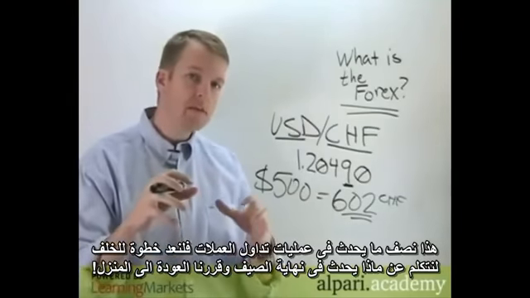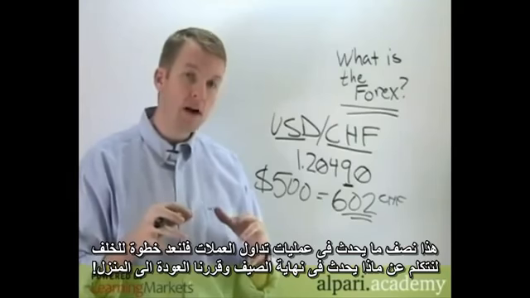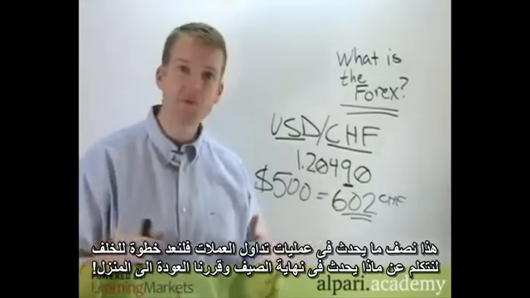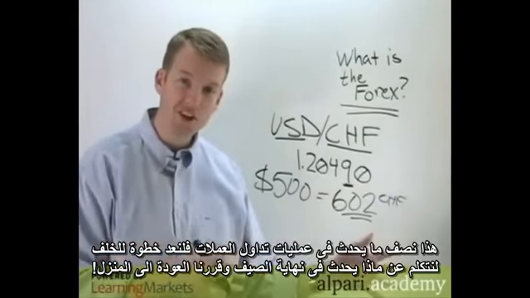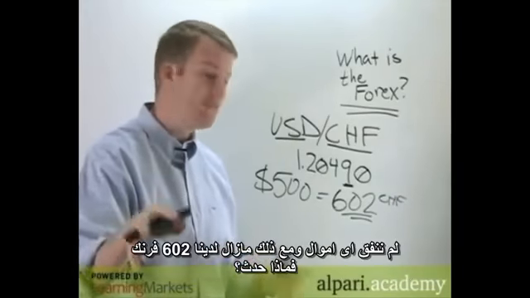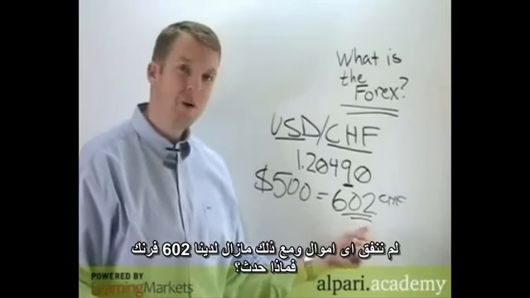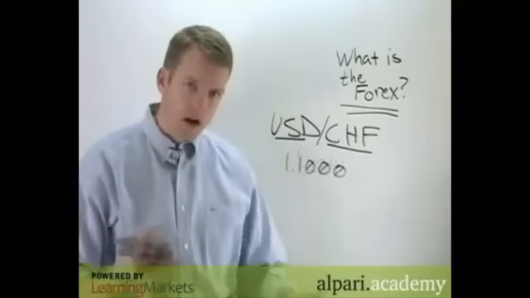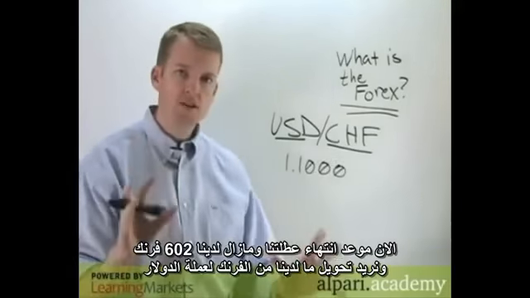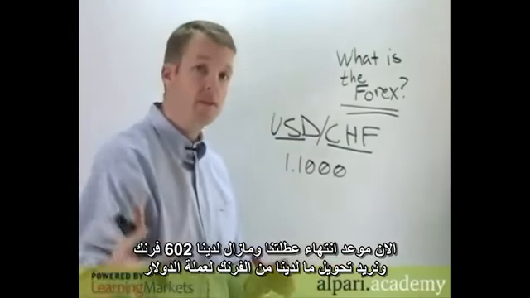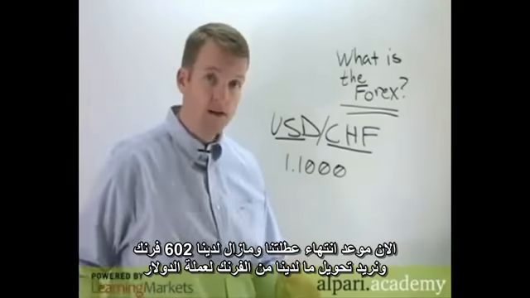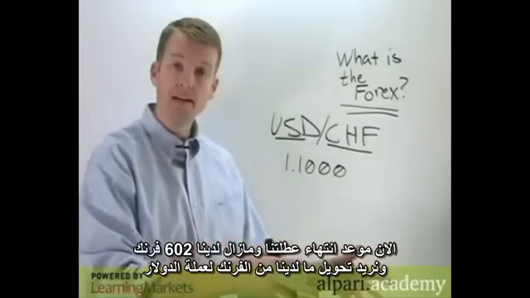Now let's take a step back and talk about what happens at the end of the summer when we've decided to leave our vacation and go home, and we haven't spent any of our spending cash. So we still have these 602 francs. Now it's time for our vacation to end, and we're looking to exchange them back into dollars.